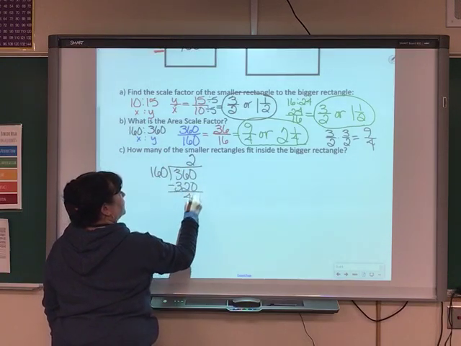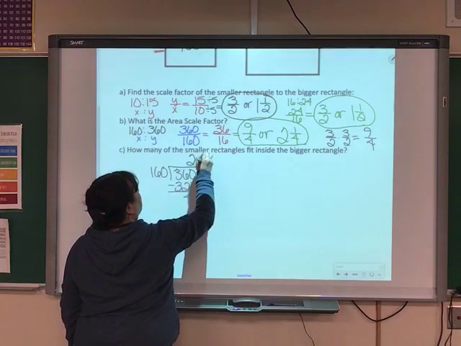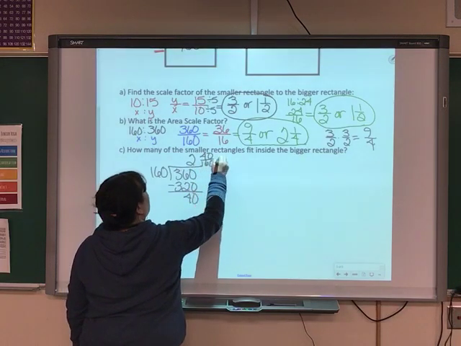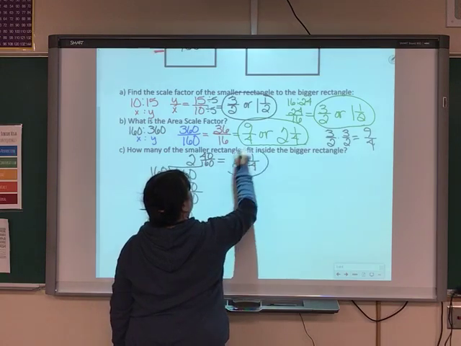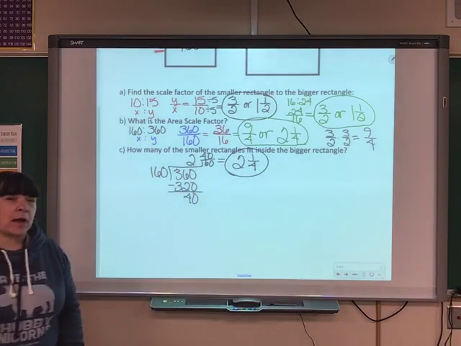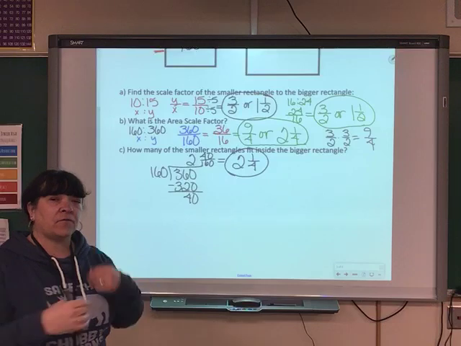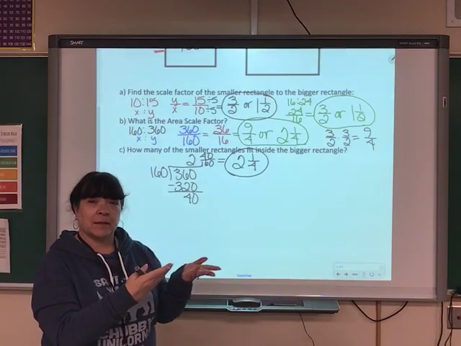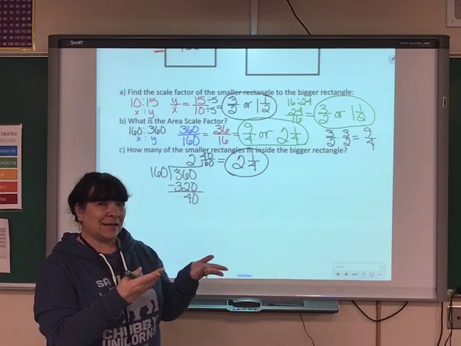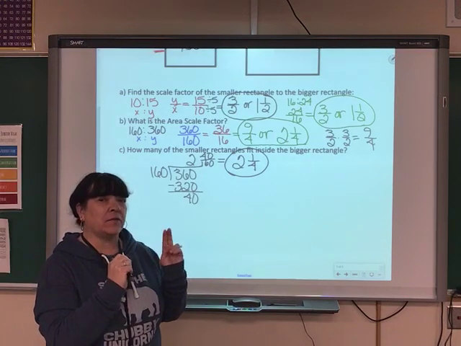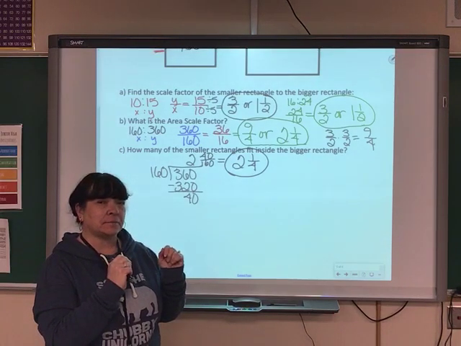And I get 40 left over, and if I put 40 over 160, that is going to be 2 1/4. So how many of a smaller thing fit into a larger thing? It's the scale factor of area. It's the scale factor of the area.